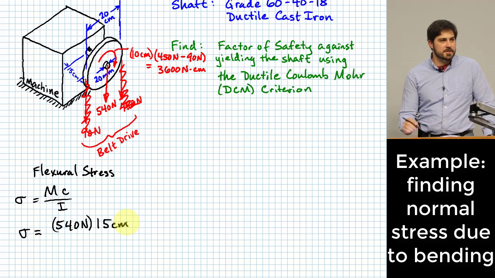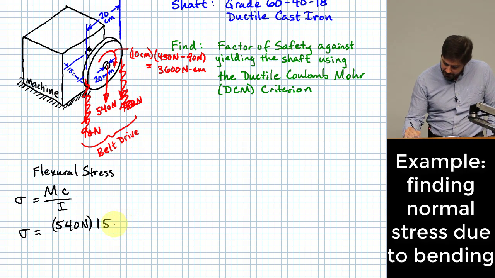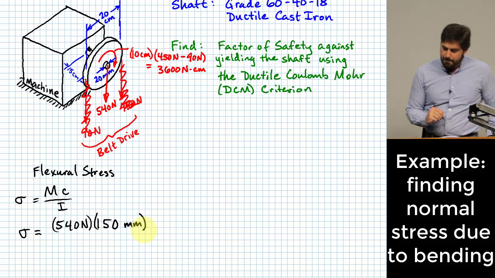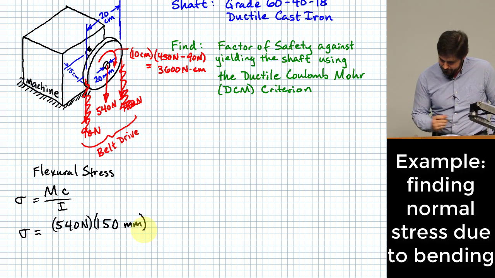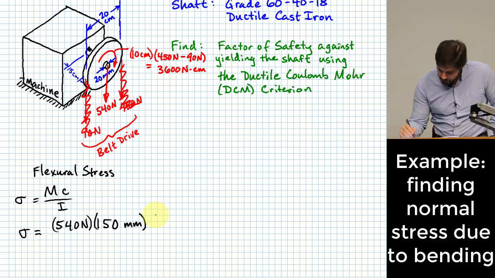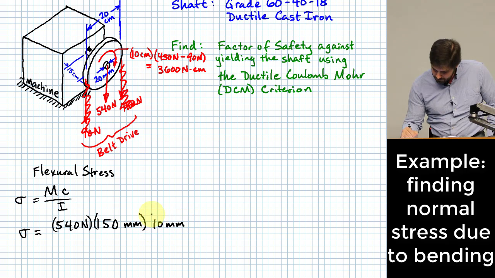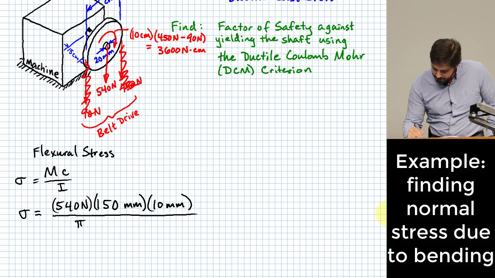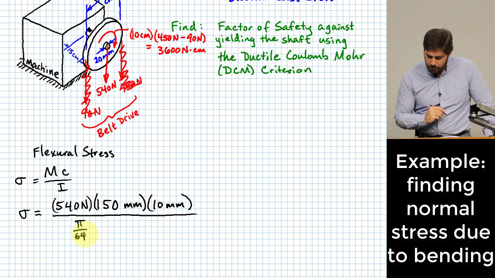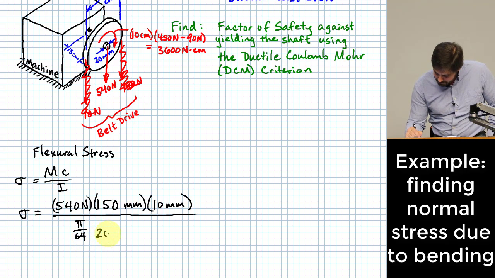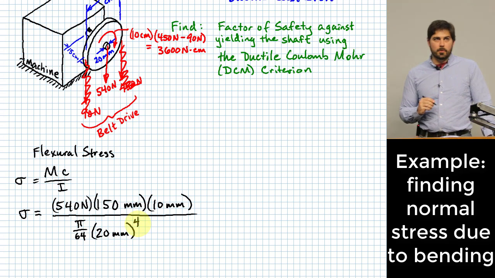Yeah, that's a good idea, let's change it to millimeters. You guys learn quick. Times what? Yeah, 20 millimeters divided by 2, which is 10 millimeters. All this divided by pi over what? Pi over 64 times the diameter of the shaft to the fourth.